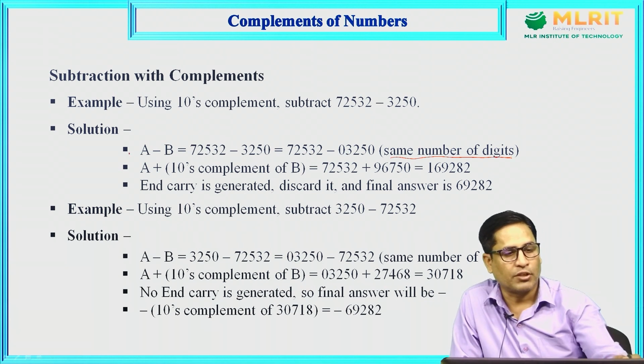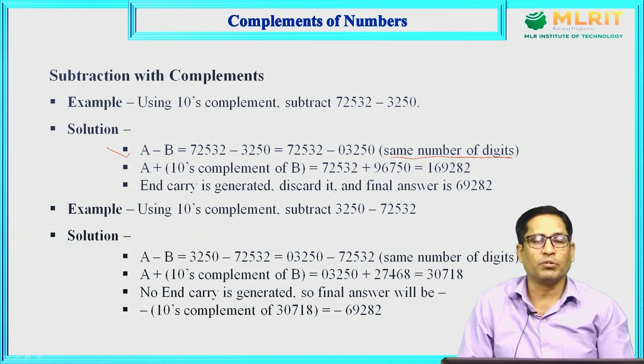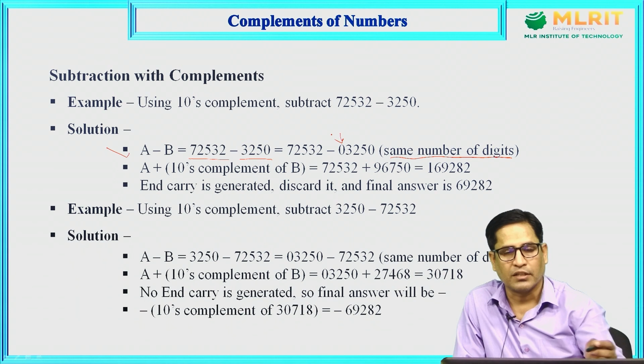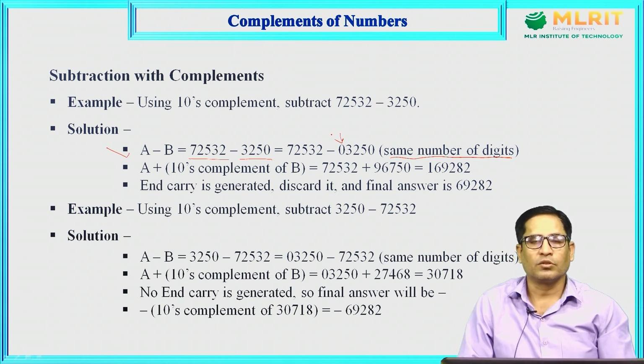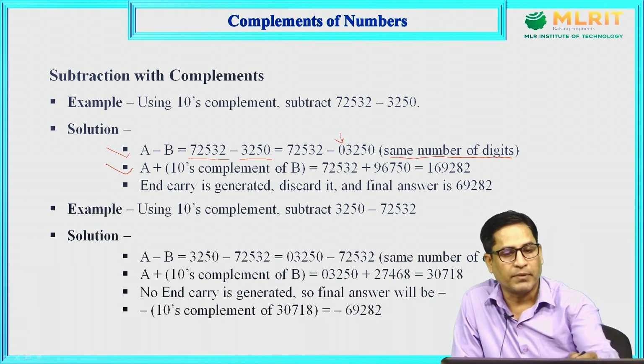This number a has 5 digits, this one only 4 digits, so we have added a 0. It doesn't change the overall value of the number, so it's 03250. And then the second step, we take the 10's complement of the number b.